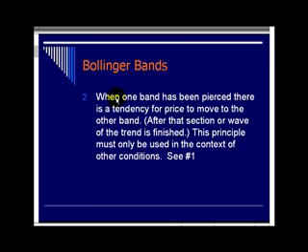So, we have a contradiction here, don't we? Therefore, this is not some kind of rule. This is a tendency that must be taken in the context of other conditions.